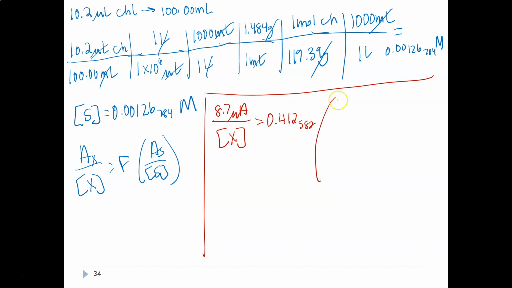AS is the response of chloroform, which was 29.4 microamps, divided by the molarity of chloroform, which is what we just solved for, 0.00126784.